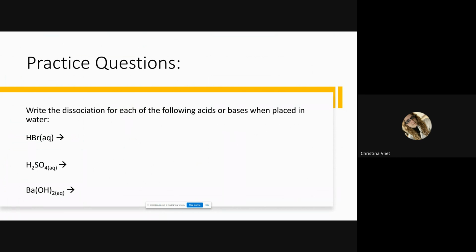So this is your turn. Take till 8:32. You've got about 4 minutes now. Try to see if you can do these 3 dissociations. Have me check it. I'll let you know if you're right and stamp it. And if you need to fix something, I'll tell you what to fix.